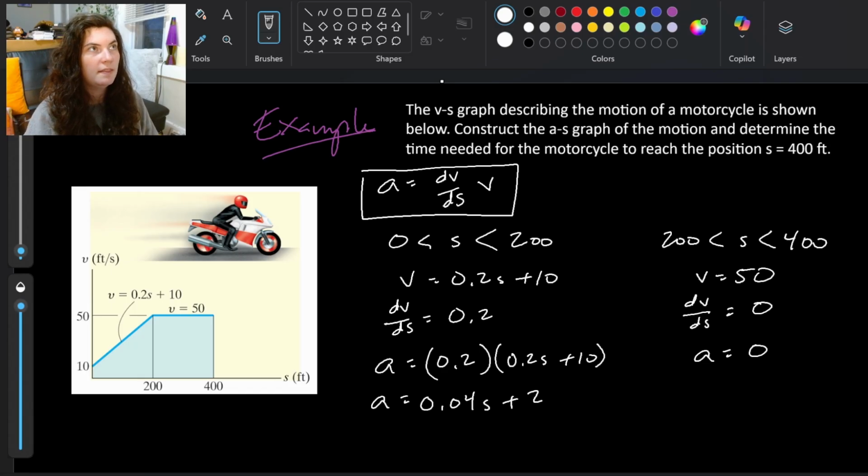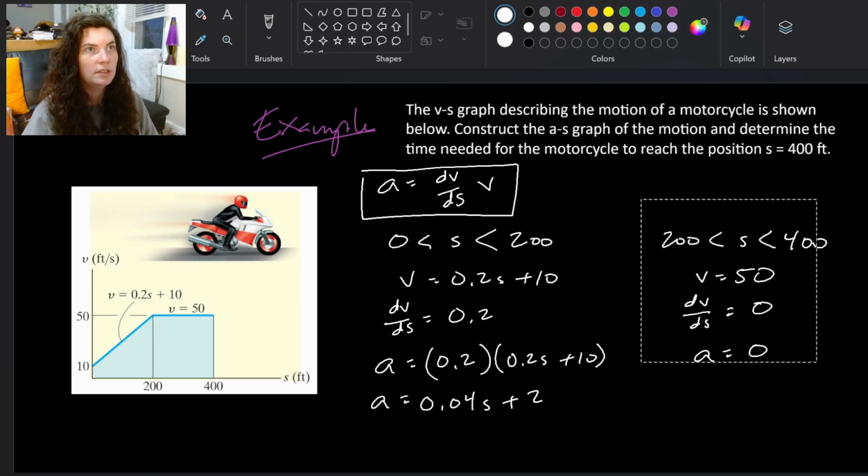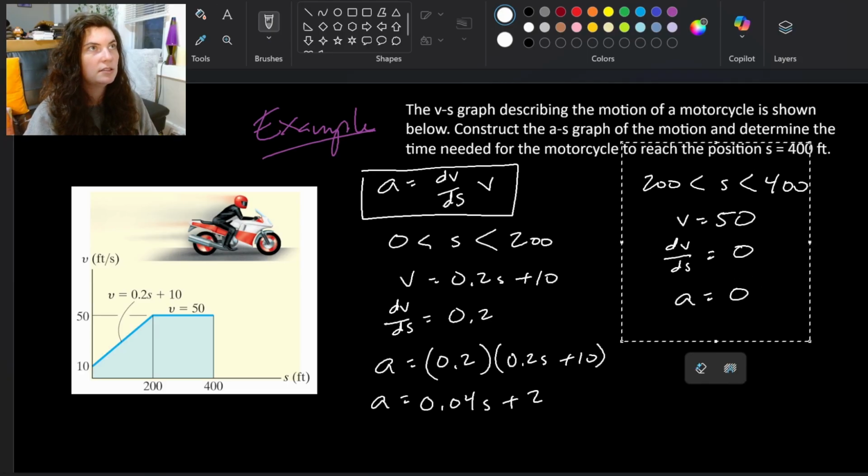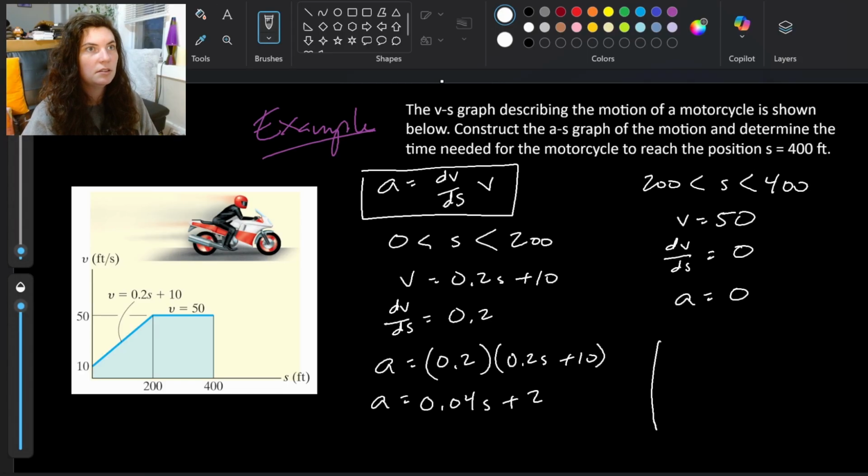So when we go to plot this, we can draw this plot of a versus s. This is the graph we're constructing, with the exact same bottom axis. We're going to go from 0 to 200 and from 200 to 400, and plug these in. If I plug in 0, my lower bound, into this acceleration equation, I'm going to get 2.